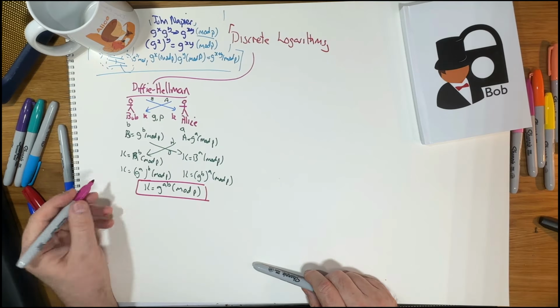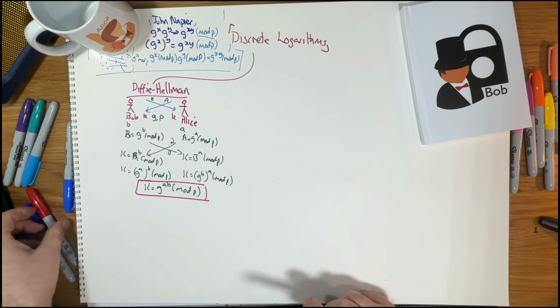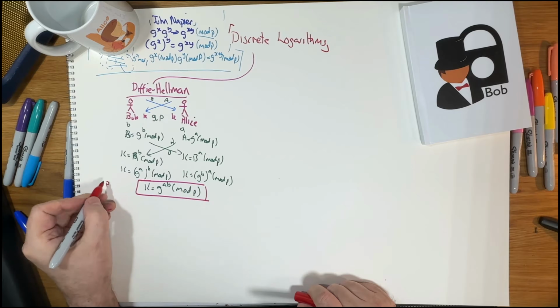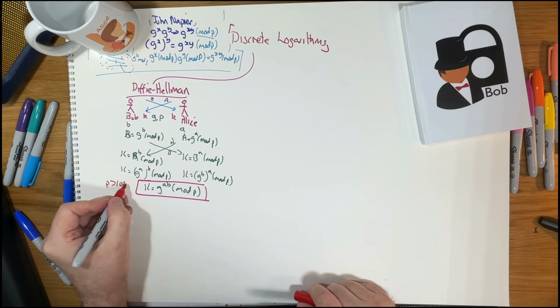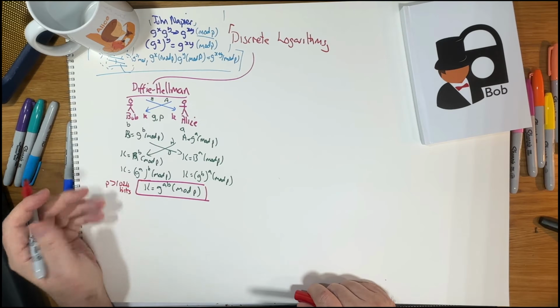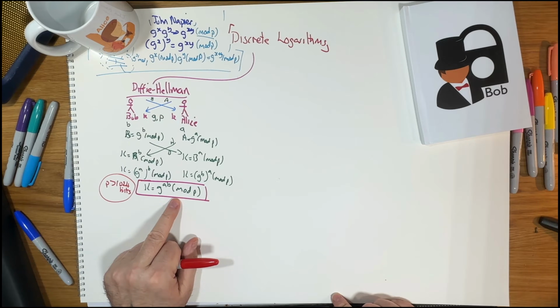The size of the prime number is very important for us and will give us the basic security of the system. And P typically has to be greater than 1024 bits, probably even greater than that, 2048 or even up to 4096.